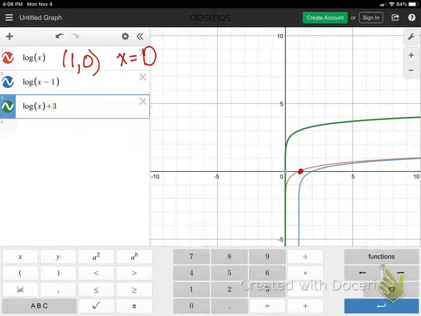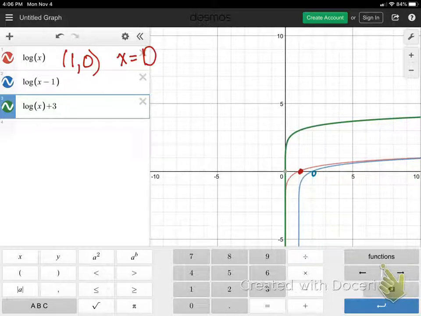When I am inside the parentheses with the x, which direction am I going? Right to left. Am I true to value or opposite value? Opposite. So x minus 1 puts me to the right or to the left? To the right, because I'm going plus 1.